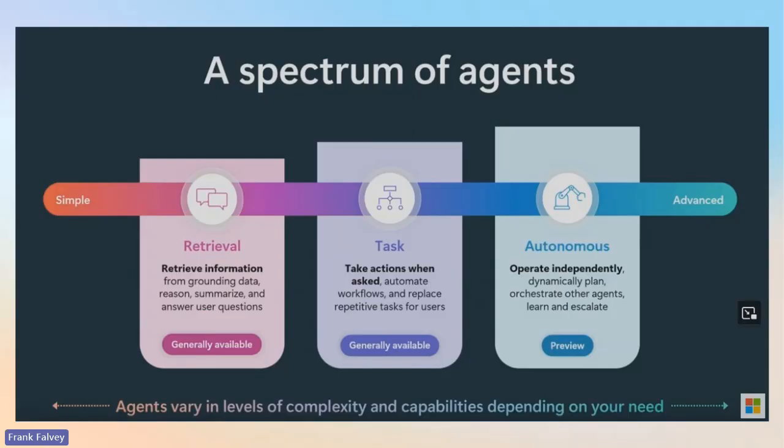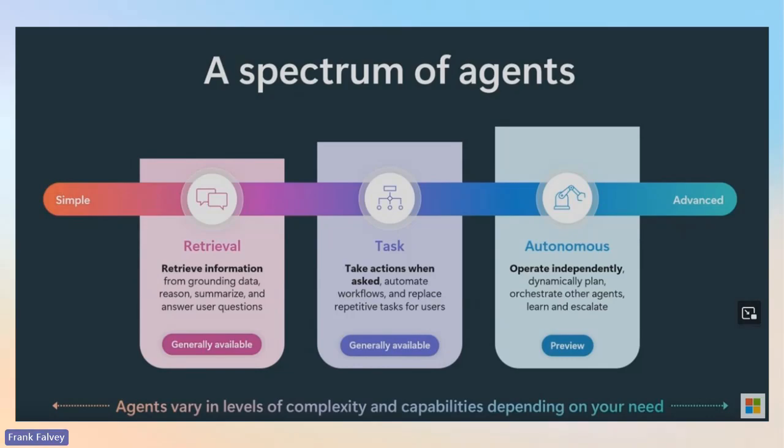And then the next one, the more agentic one, is the autonomous one. That operates and orchestrates other agents, like the one I showed you earlier, AutoGen, where other agents can talk to other agents.